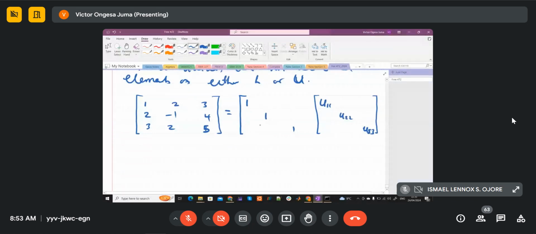So this is L2 1, L3 1, L3 2. Then these are 0, 0, 0. And then U1 1, U1 2, U1 3, U2 3. And then I have 0, 0, 0. Yeah. So it's supposed to be this way.